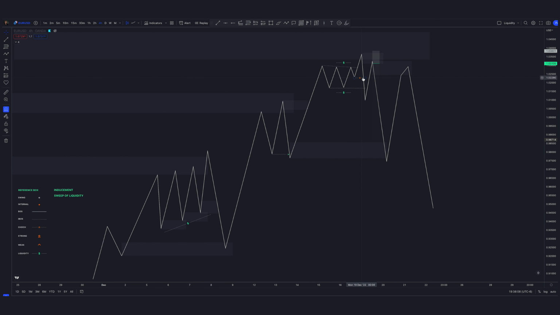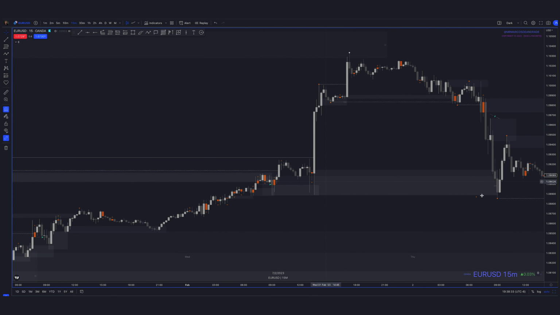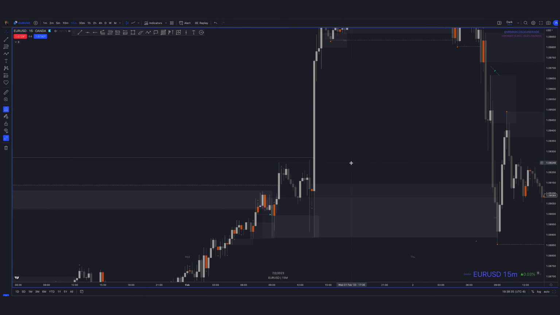Same here. The CHoCH can be just to facilitate the internal, the fractal, just to facilitate price to come down here to mitigate this. This was the job of that move, to come down here to continue up. Same happened here, you see? Let me make this bigger.